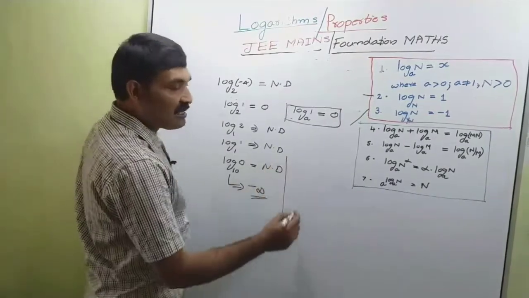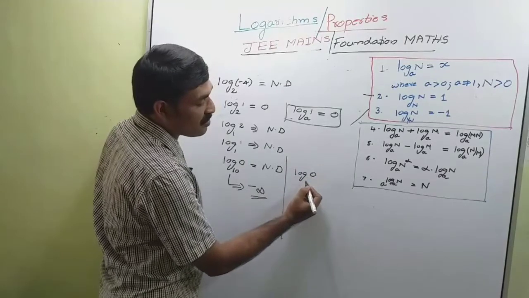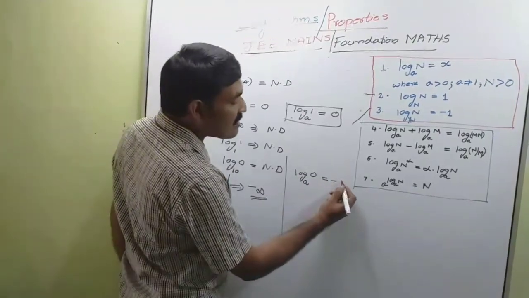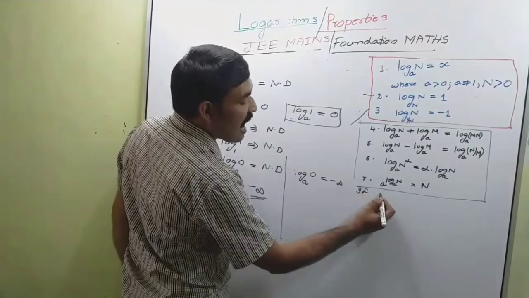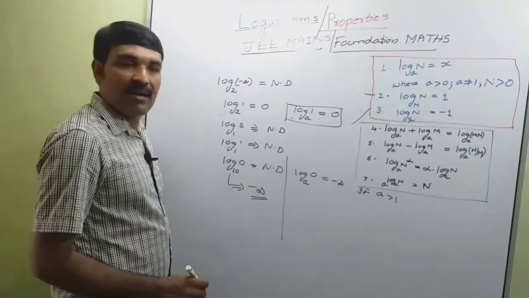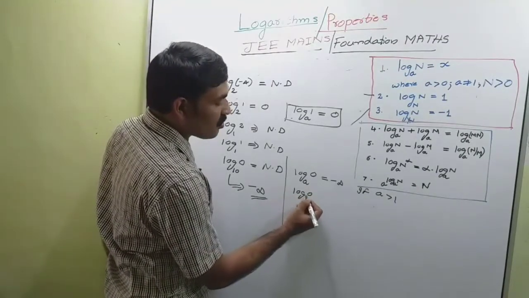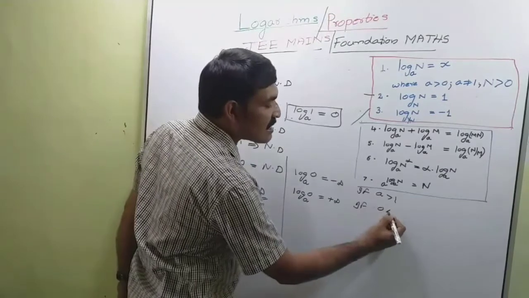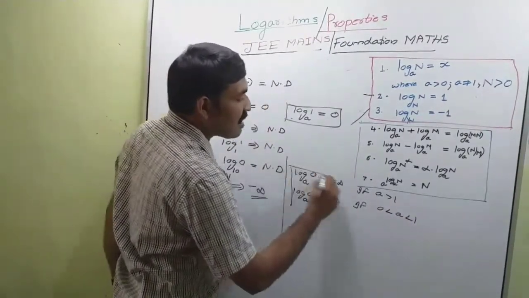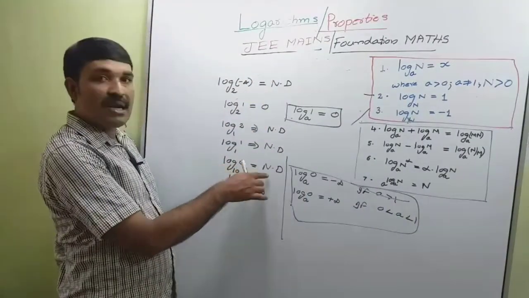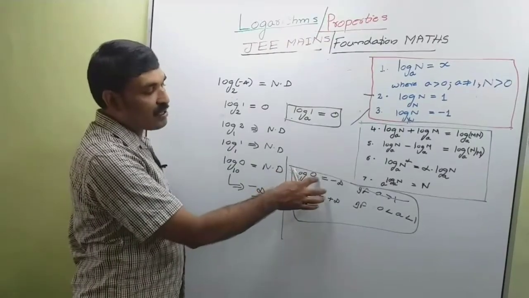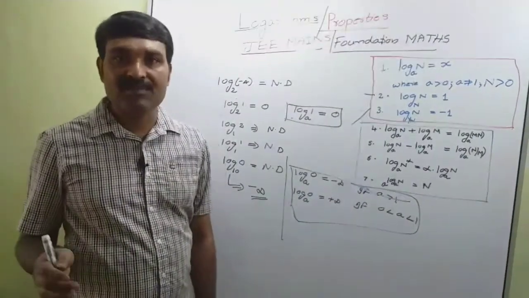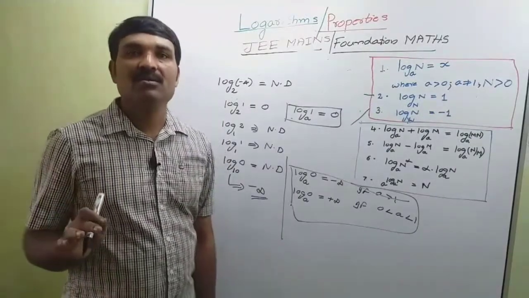Or in general, log 0 to the base a is equal to minus infinity if a is greater than 1, and log 0 to the base a is equal to plus infinity if 0 is less than a less than 1. This is an important property, since this is not defined, but the value of log 0 to the base a is minus infinity if a is greater than 1, or plus infinity if a is lying between 0 and 1. So we have to remember these properties.